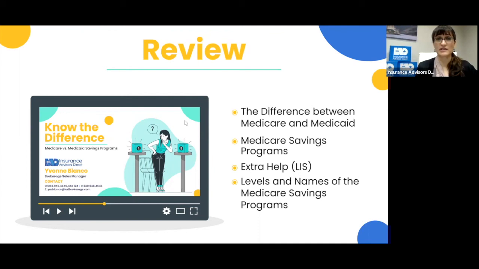Medicare.gov is a great site to educate them on and to see these different programs. And you'll run into these terms. So when somebody says, Yvonne, I'm on Medicaid, or I'm on Medicare Savings Program, or I'm on Extra Help, I hope that I clarified these for you so that you know a little bit more about these terms.